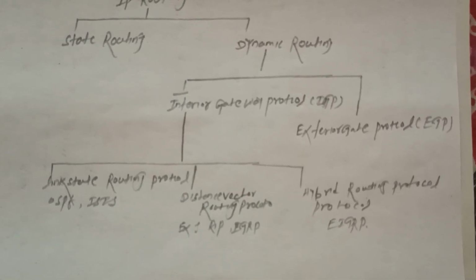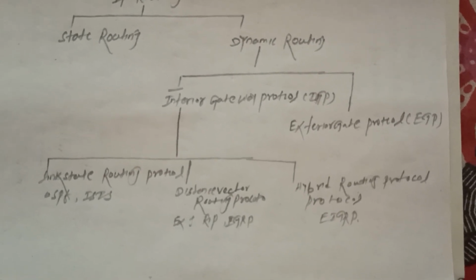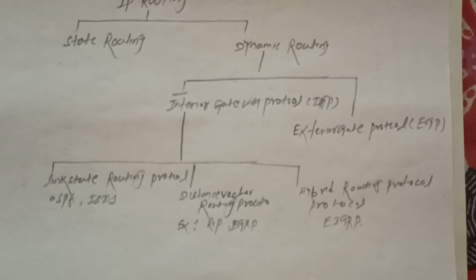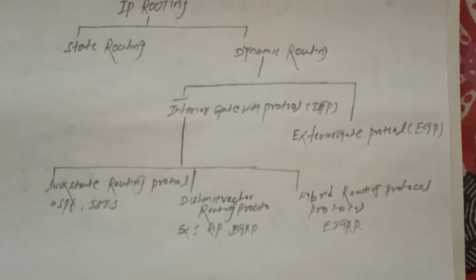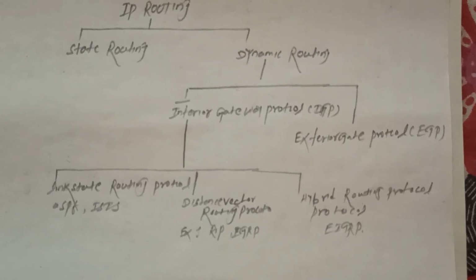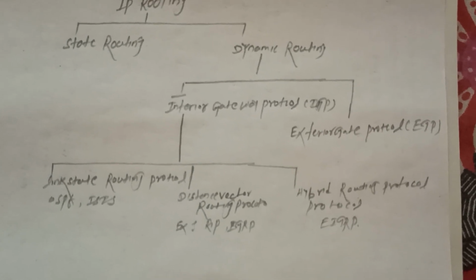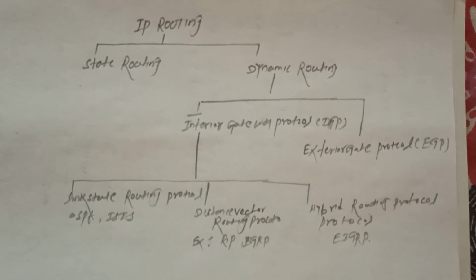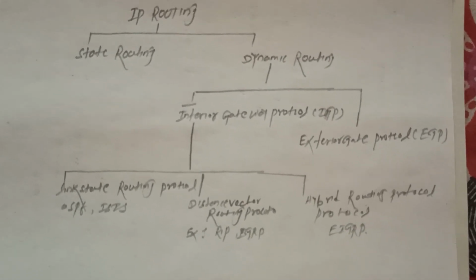It also has overhead problems: CPU, memory, and mainly link bandwidth. Dynamic routing protocols are divided into two types, IGP and EGP. IGP stands for interior gateway protocol and EGP stands for exterior gateway protocol.